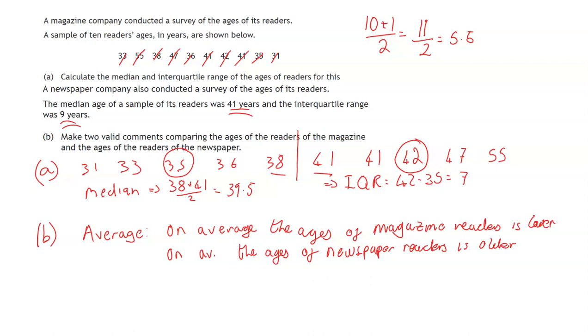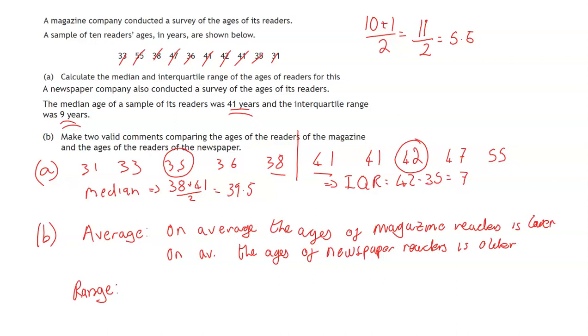We can then look at the range. So we can look at comparing the range of the two sets of data now at this point. Now when it comes to this, there's a word that we need to use. That word is consistency. A smaller range means more consistent data, whilst a higher range means we've got less consistent data, so there's more spread between all the bits of data.